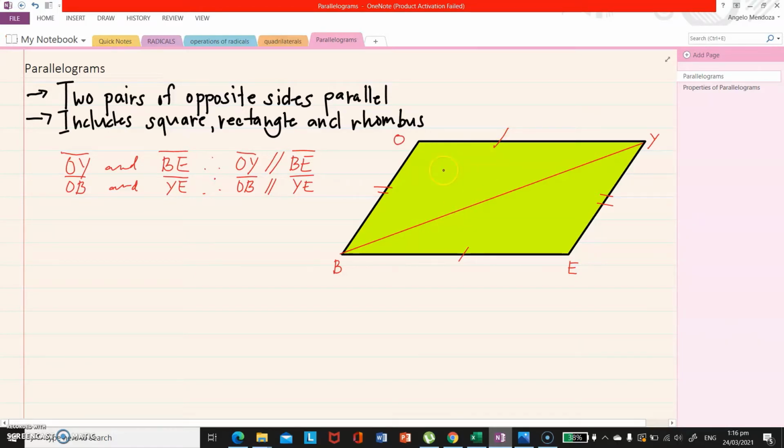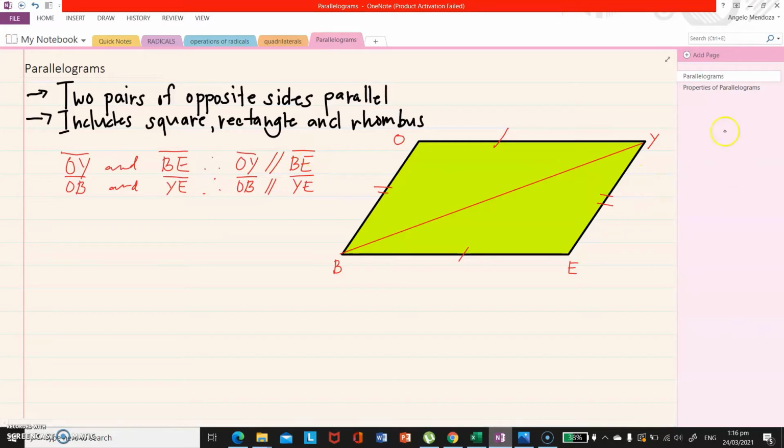Okay, so focus natin muna dito is yung definition ng parallelogram and those sides that are parallel. So in this case, we have two pairs of opposite sides parallel.